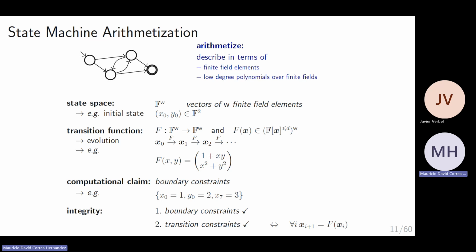So if you apply the transition function to state i, you get state i plus 1. You can rewrite this as f of state i minus state i plus 1 equals 0. And then you can split that single equation into more equations if you want.